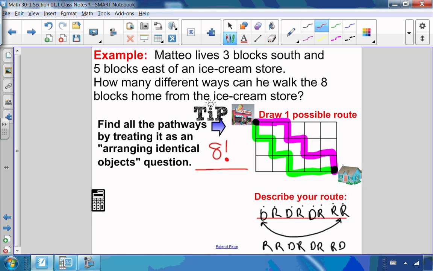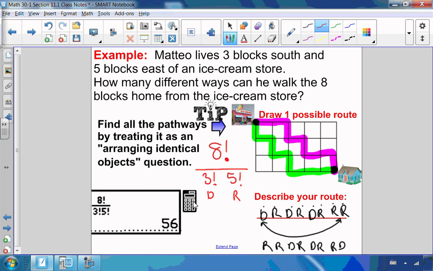We have 3 letter D's, so I need to divide by 3 factorial for the letter D's, and then divide that also by 5 factorial for the letter R. That should give me all the possible pathways. So I can plug that into my calculator, and I can see that I have 56 pathways from the ice cream shop going home.